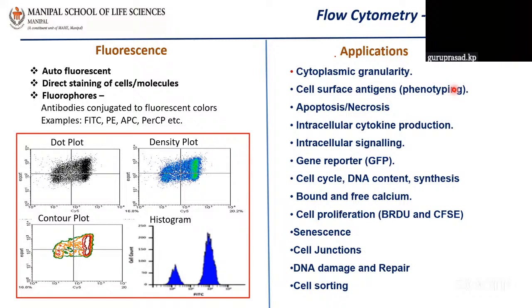If one cell gives the first color and the second cell gives the second color, you can say the first cell is a B cell and the second cell is a T cell. That kind of identification you can do both in a microscope and here. But a microscope has a limitation. You cannot do more than four types of cells. It is very difficult because with a fluorescent microscope there is leaching of the fluorescence, and it is very difficult to identify many cells.